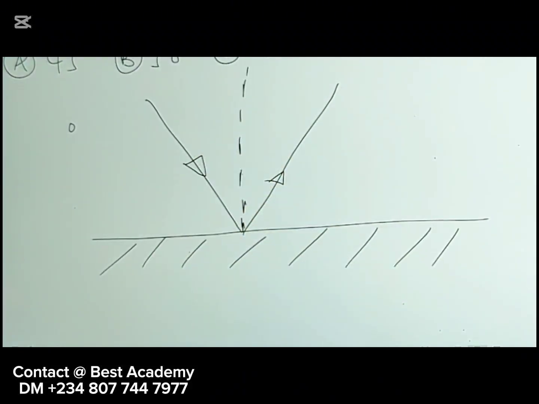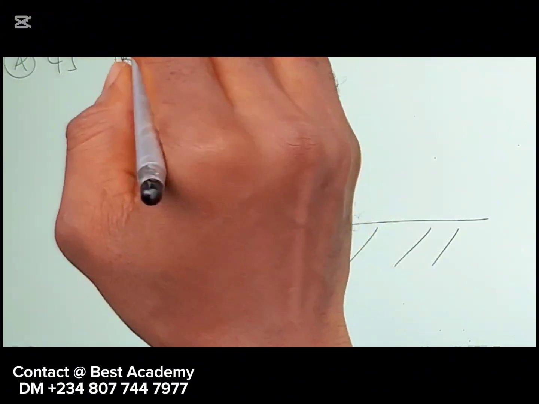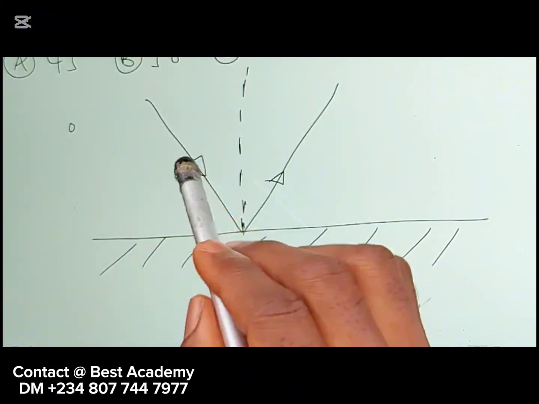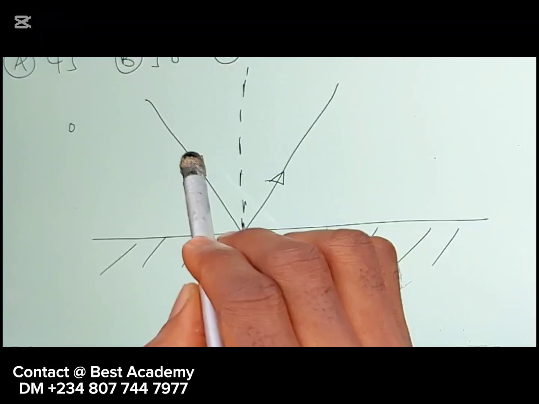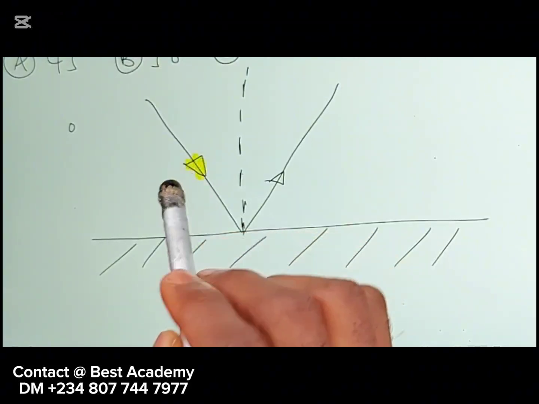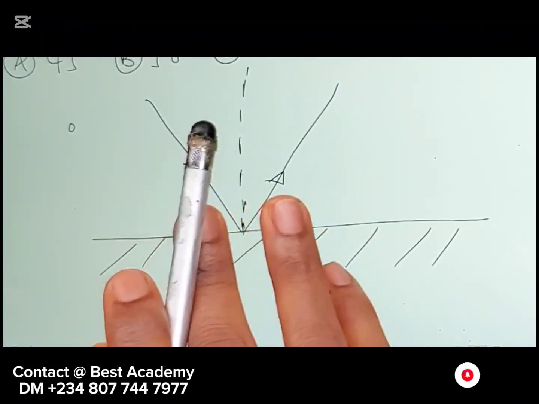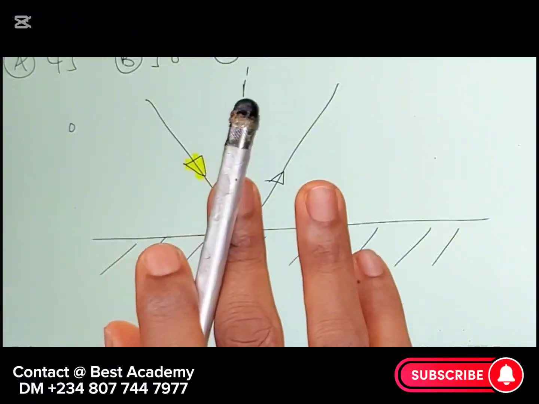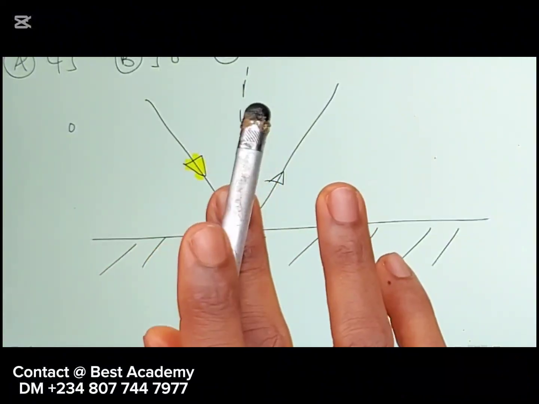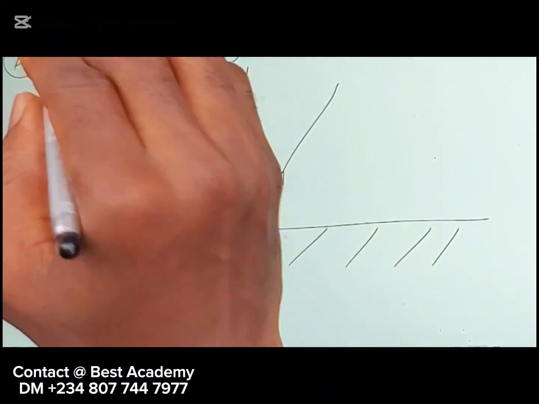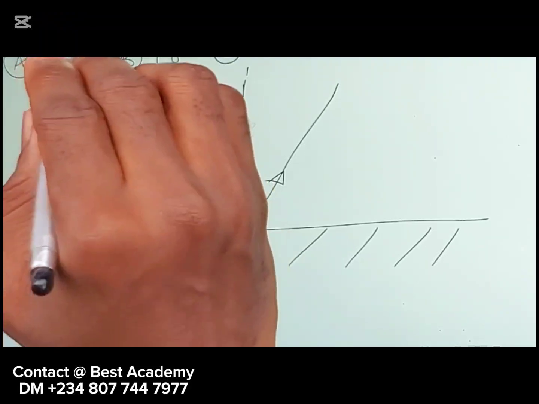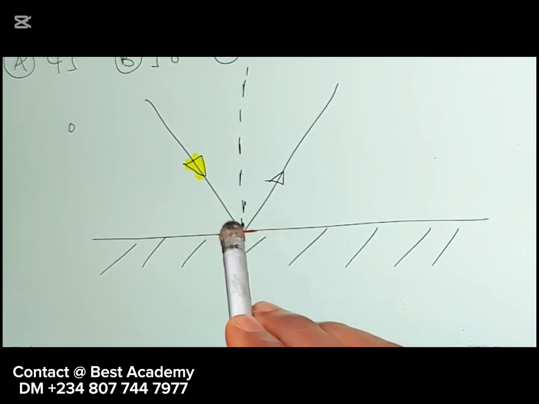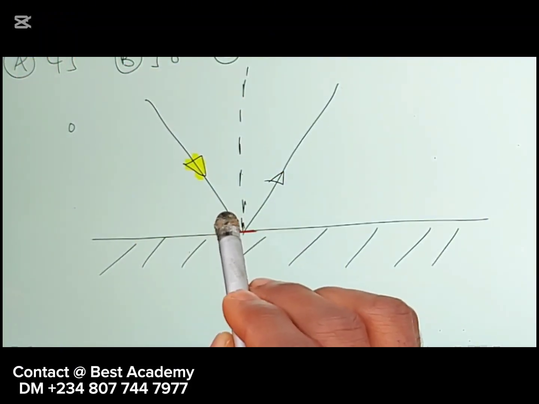Now in the question they said the incident ray is not the angle mentioned there in the question. The angle given to us there is the angle of the ray. So the ray with the plane, which is the mirror, which is this here, is going to make this angle here.